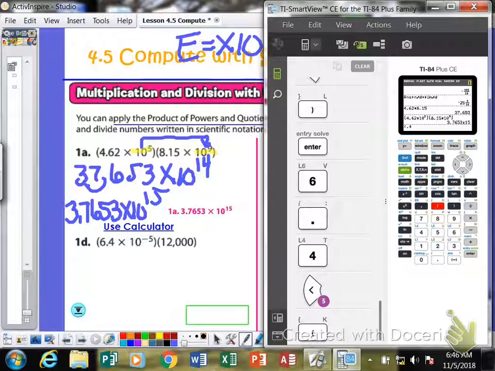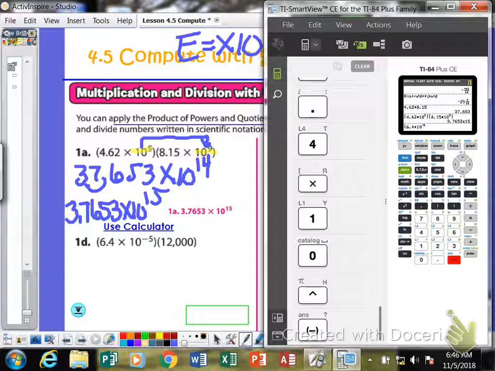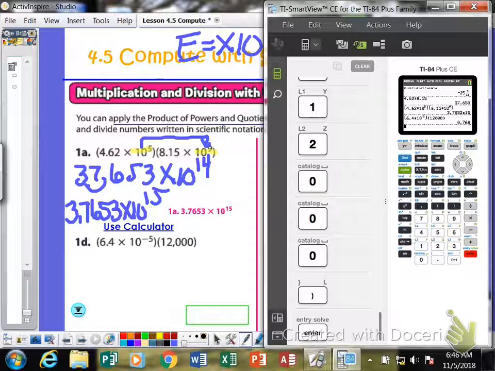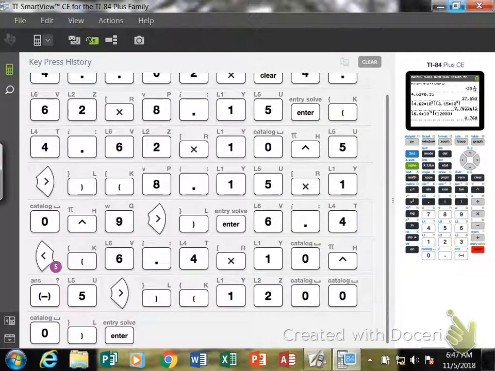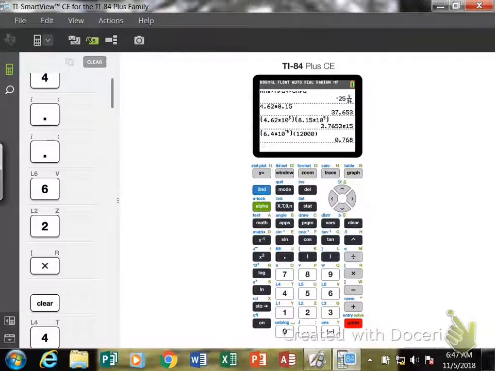I always put parentheses around it. 6.4 times 10, this time it's to the negative 5th, arrow out, close the parenthesis, times, now this isn't in scientific notation, but that's okay, 12,000, close the parenthesis, enter. And I get 0.768.